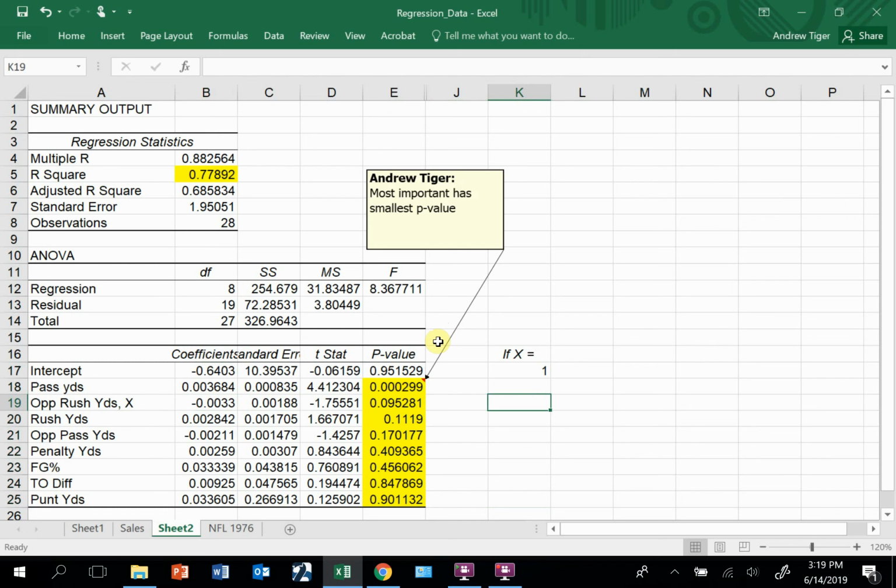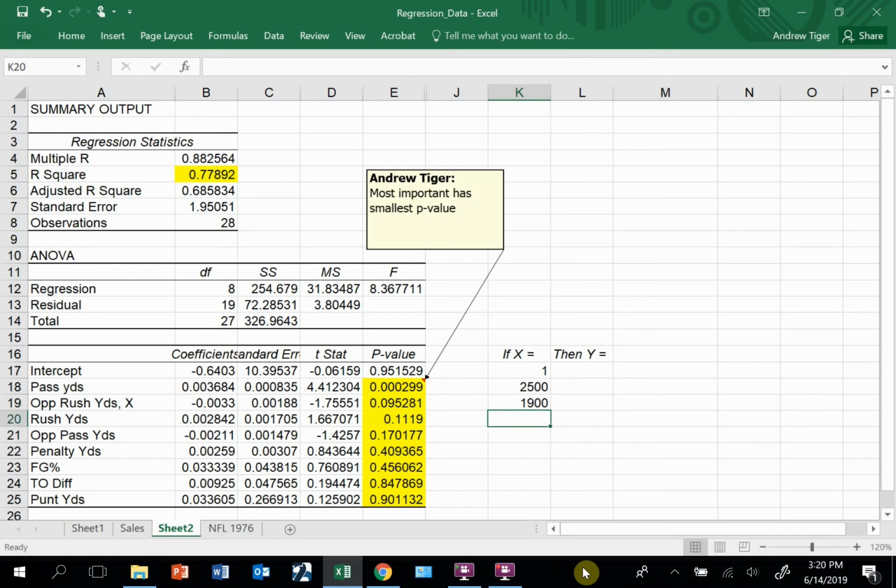Essentially, I'm going to craft a team and see what that does to my wins. I'm going to calculate a formula right there. So let's say I've got a quarterback who throws for 2,500 yards. I have a defense that keeps the other team to 1,900 rushing yards.